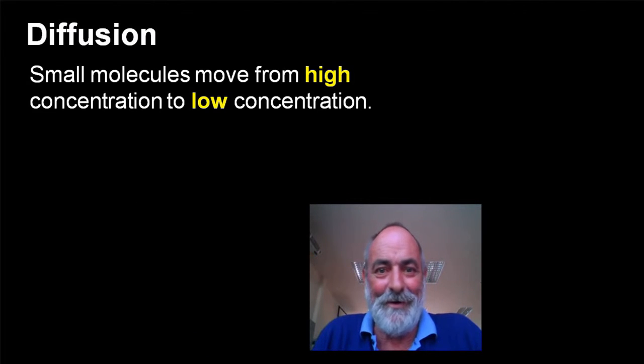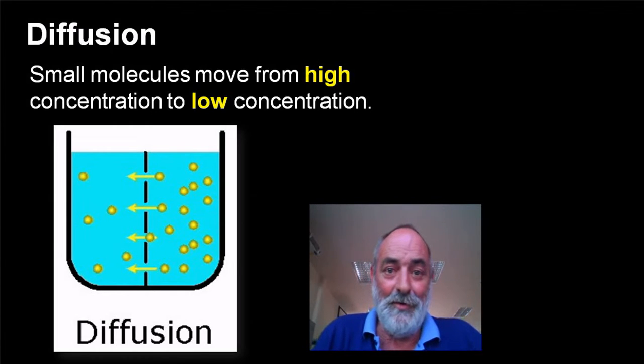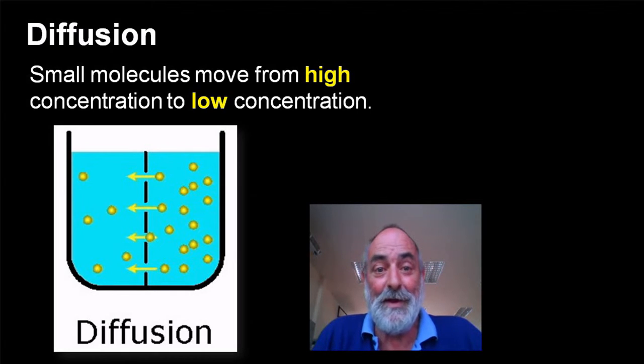The key point about diffusion is that these molecules move from high concentration to low concentration. High to low. In this diagram, the high concentration of molecules is on the right, and the molecules are diffusing through the membrane to balance the molecules throughout the water.